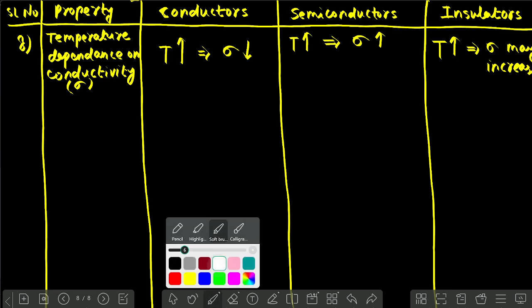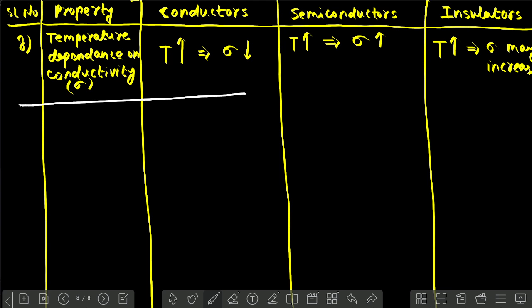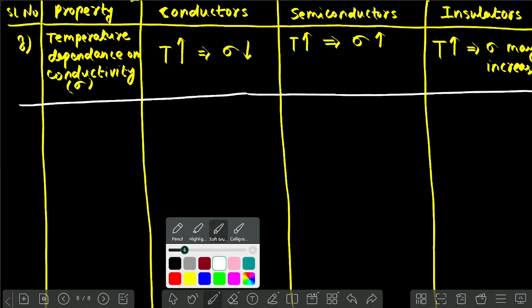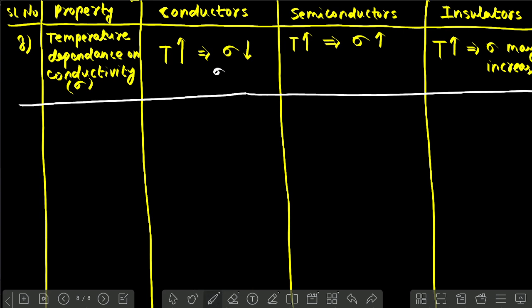So the eighth point about temperature dependence on conductivity: here temperature increases, conductivity decreases, sigma decreases, so resistivity increases. Here sigma increases.